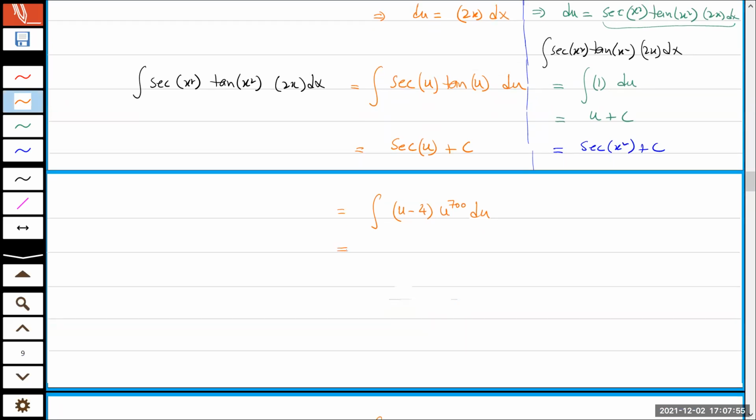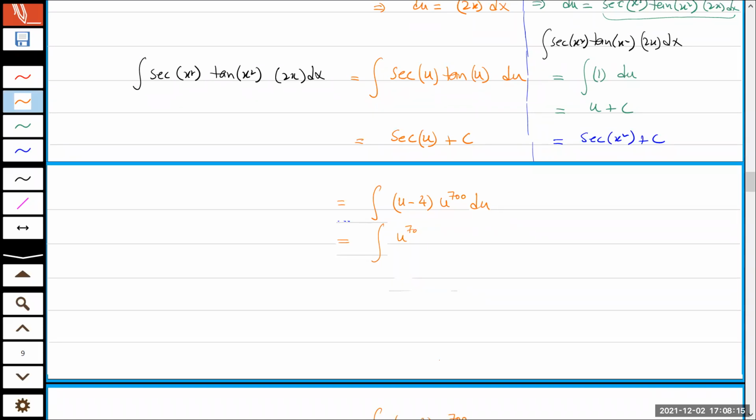Now, multiplying it through, we get u to the 701 du minus 4 u to the 700 du.